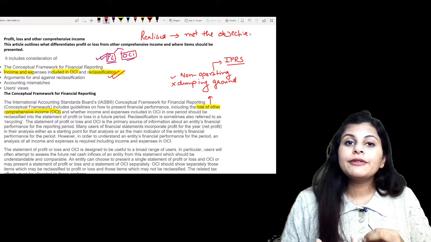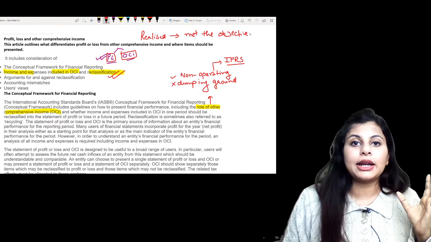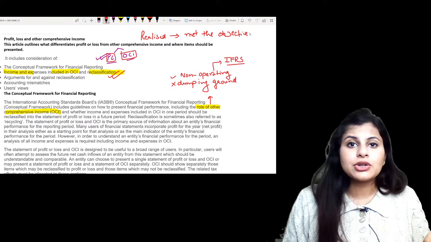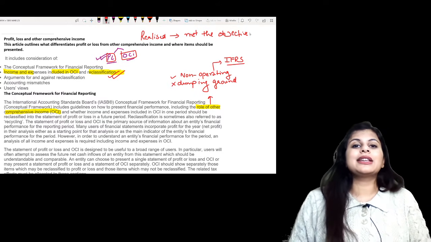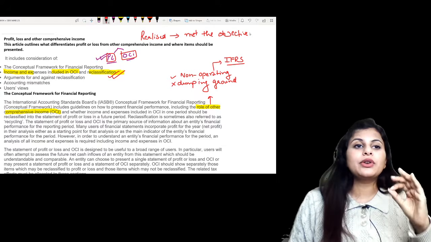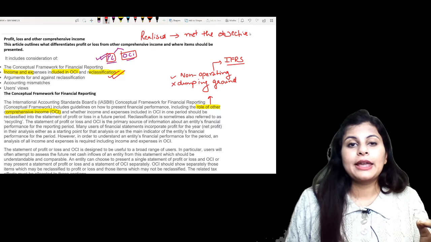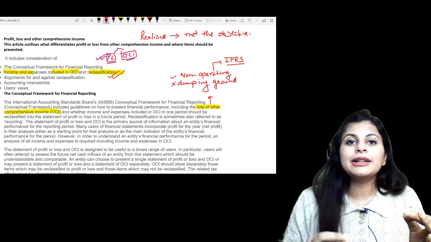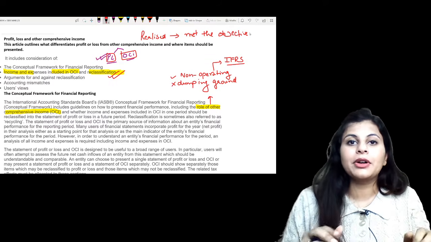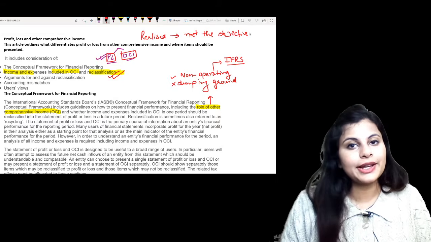Now, if the value of that property, plant and equipment increases in the market, that doesn't affect my operations, does it? You'll be happy for a few minutes that the value has increased, but it is not going to affect you for more than that. So the objective is production. Value increases in the market, capital gain doesn't matter. So we call it unrealized and we take it to other comprehensive income.